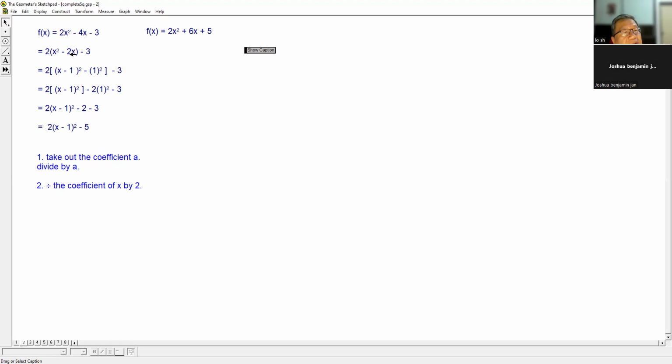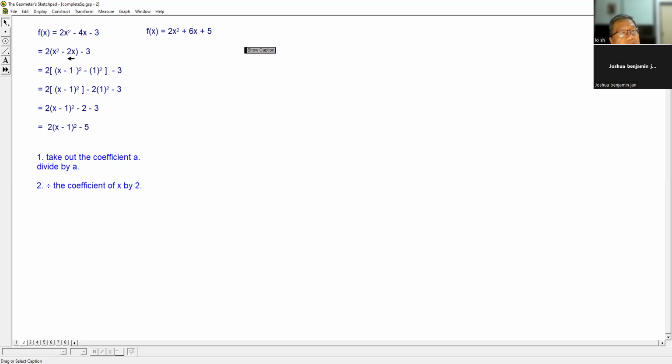So I look at the coefficient of x, and from here to here, you divide by 2. Not divide by a, but divide by 2. Always 2, you see here? I didn't say divide by a.